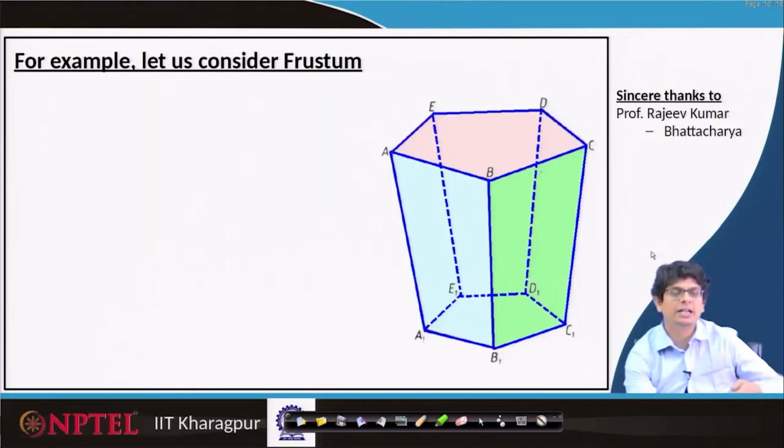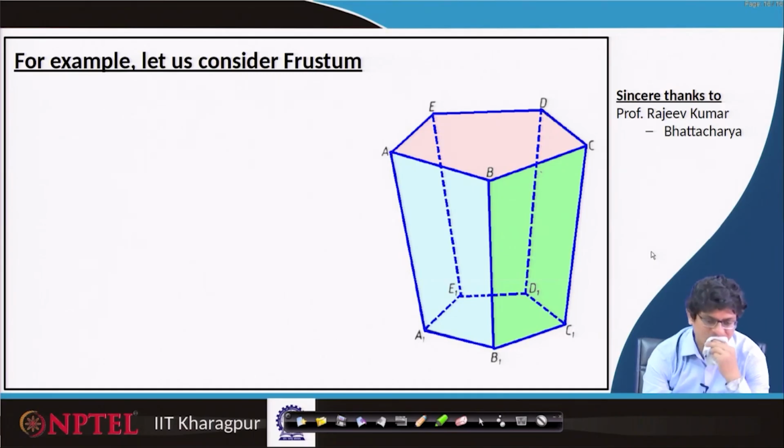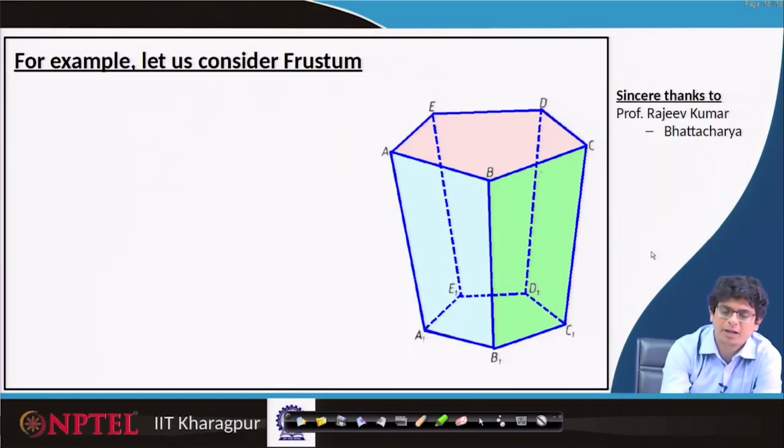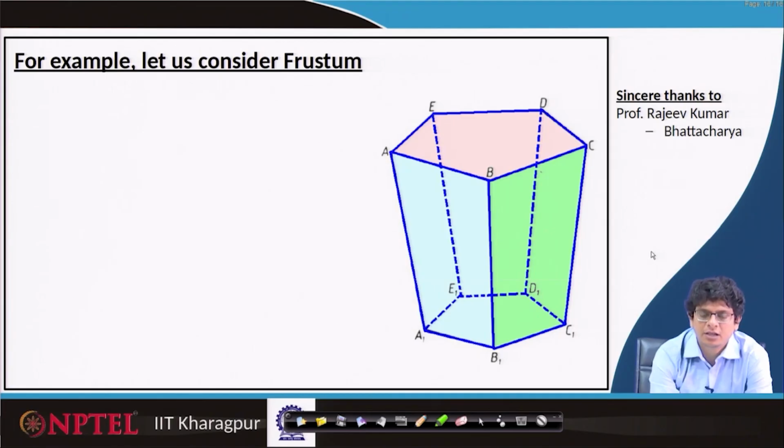For example, let us consider a frustum. That means some part we have removed. Frustum by definition might have a cone or pyramid kind of shape or perhaps a pentagonal one, and one part we have removed, and the part we have removed is the apex side.